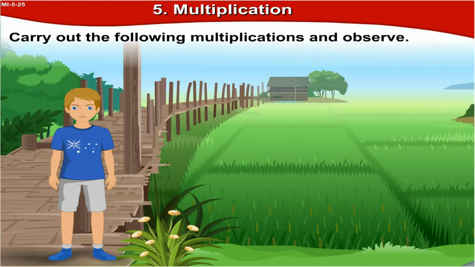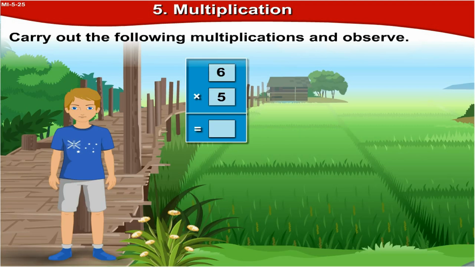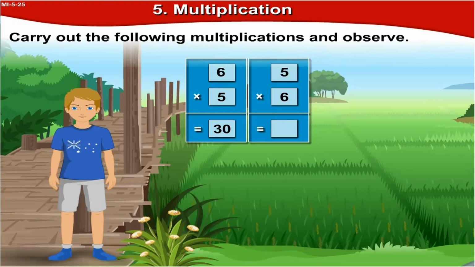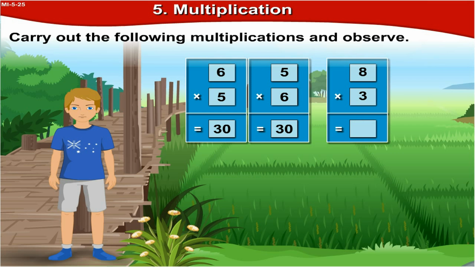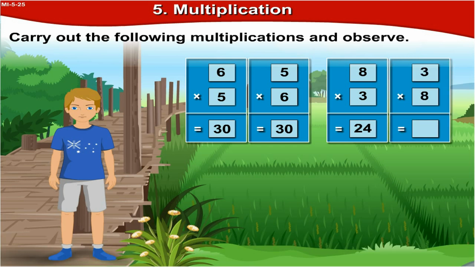Carry out the following multiplications and observe. 6 multiplied by 5 is equal to 30. 5 multiplied by 6 is also equal to 30. Now the next sum. 8 multiplied by 3, yes, you're right, is 24. And how about 3 multiplied by 8?